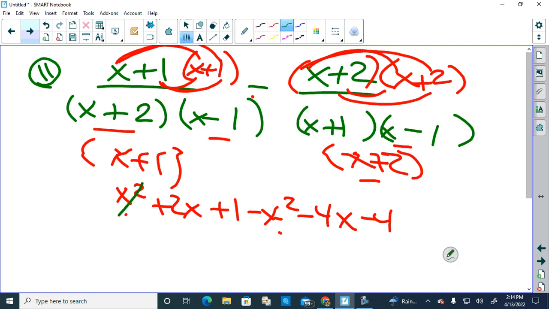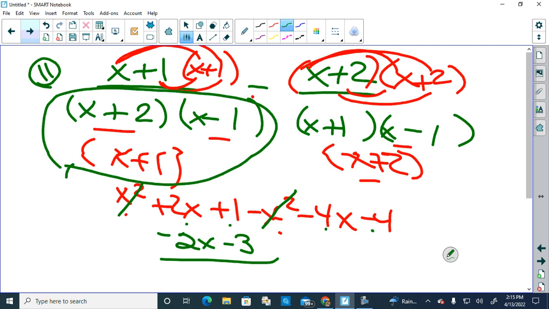They cancel out. So 2x minus 4x would give me a negative 2x, and a positive 1 and a negative 4 would give me a negative 3 over your common denominator. So all of these would be written down there. It doesn't matter the order of those, as long as you have the 3.